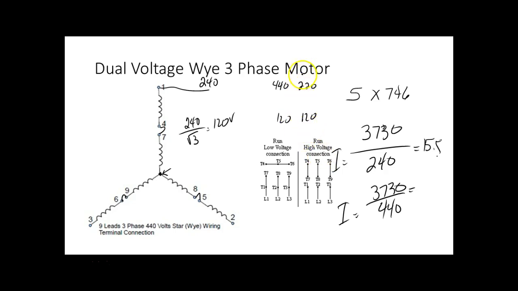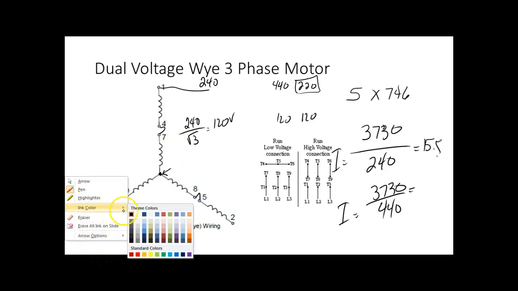Which one's going to require more current in the primary? This guy right here, right? So here we wire them in series. Here we wire them in parallel, right? So for high voltage, we wired them in what? Series, right? So if we wire it for low voltage, we have to wire it for parallel.